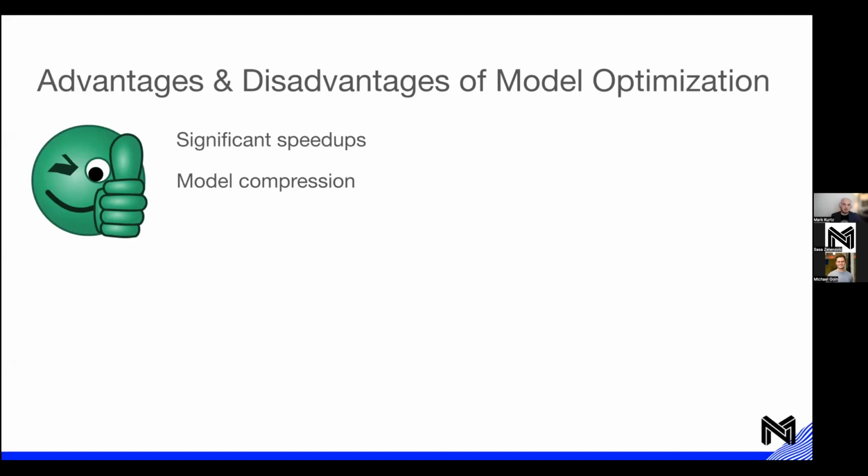So instead of taking up hundreds of megabytes of space, we can go down to a few megabytes or tens of megabytes. And then finally, because of the significant speedups and the model compression, we additionally save on energy. And this has environmental concerns as well, trying to reduce the impact of deploying these models in production.